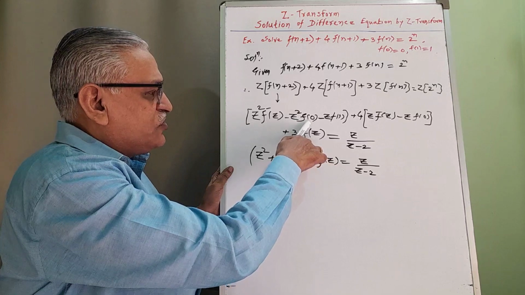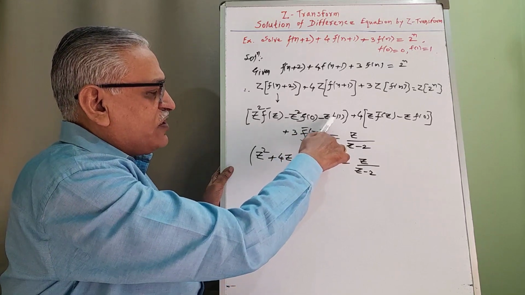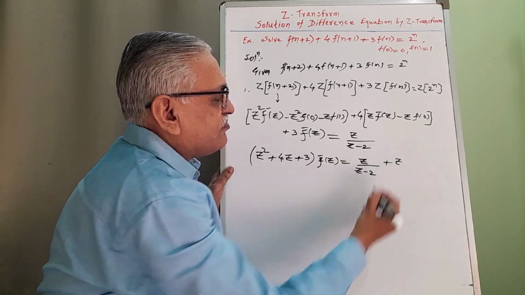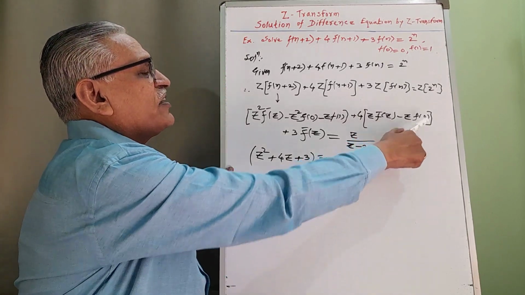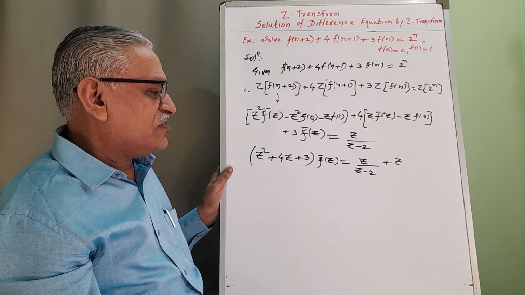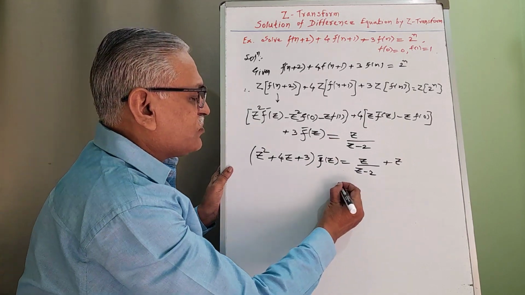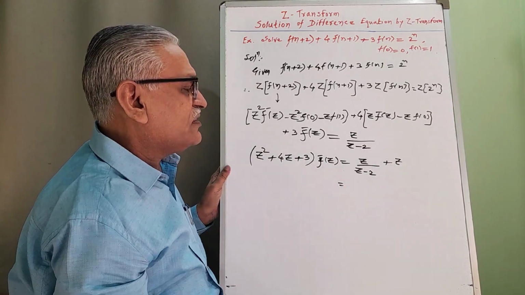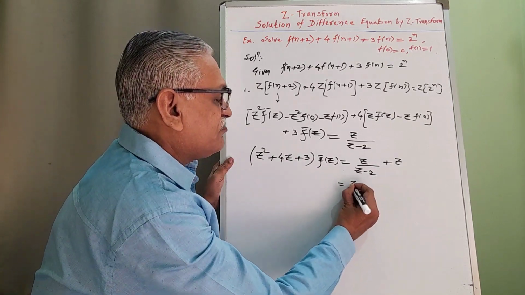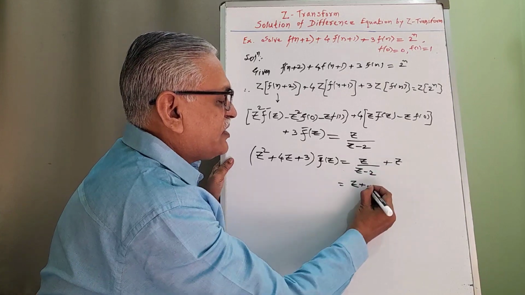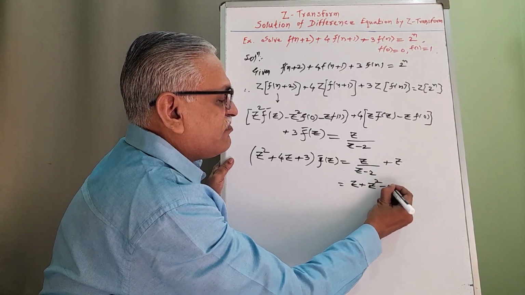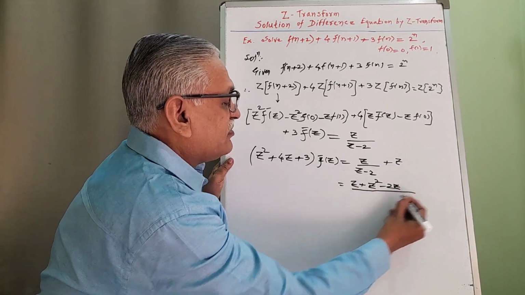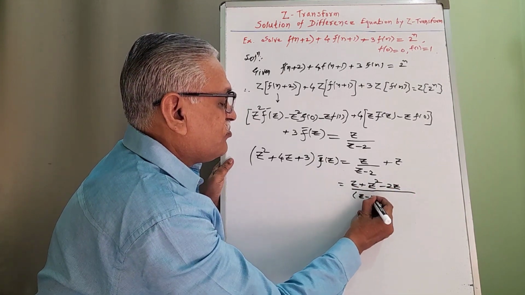The value of f(0) is 0, the value of f(1) is 1, therefore minus z becomes plus z. Once again f(0) is 0, and then it equals, multiplying by z minus 2, we get z plus z into z, that is z², minus 2z, divided by z minus 2.